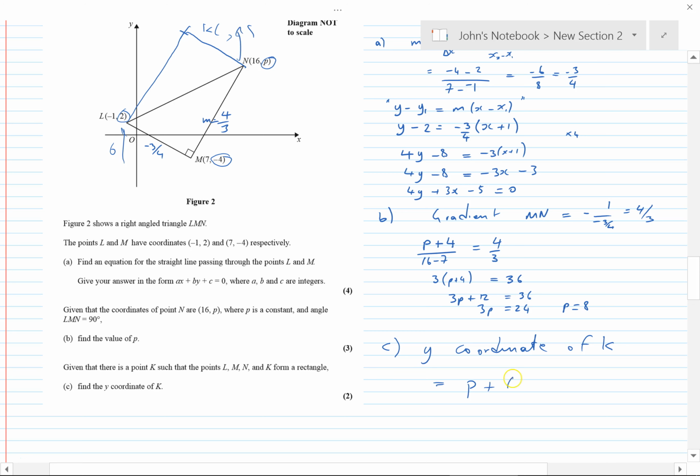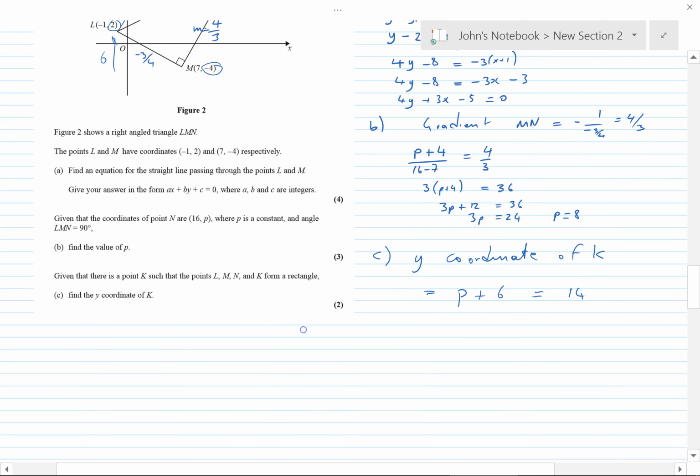So that's p plus 6, so that gives me 8 plus 6, which is 14. Okay, on to the next question.